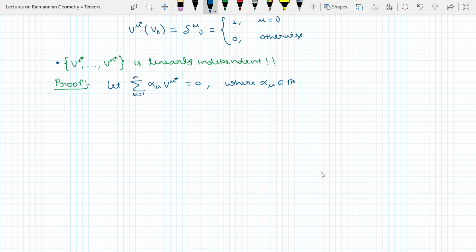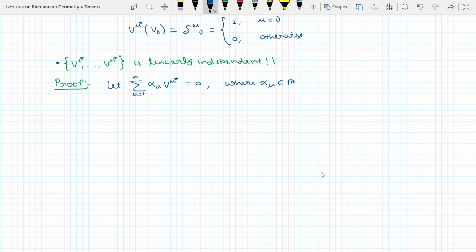So what I have considered here is the linear combination of all these elements of the dual space, and I have put that equal to 0.